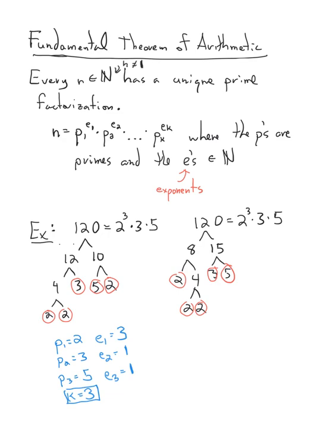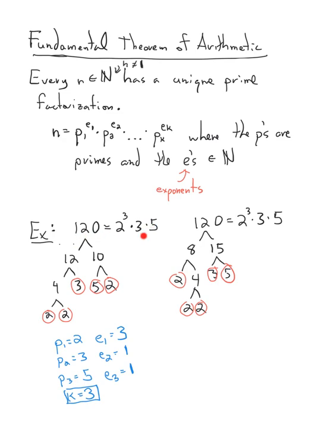So this is p1 to the power of e1, 2 to the power of 3, p2 to the power of e2, 3 to the power of 1. Remember, if there's no exponent, it's assumed to have an exponent of 1. And p3 to the power e3 is 5 to the power 1.